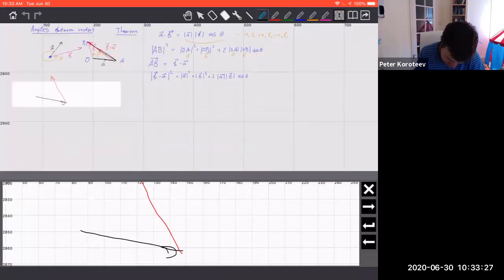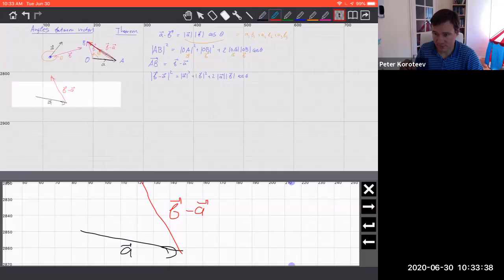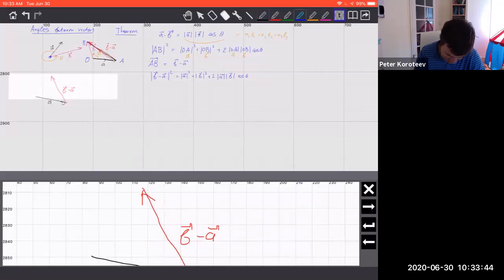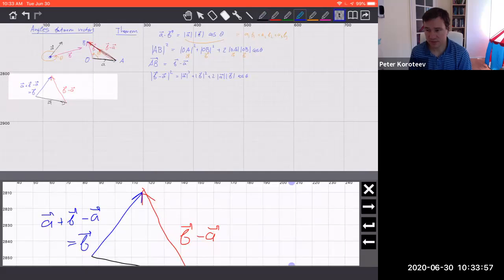So this is A. Let's just check that the formula is correct. This is B minus A, and now you add them together. If you do, you get a vector like this, which would be A plus B minus A, which is B. So the blue vector is B.